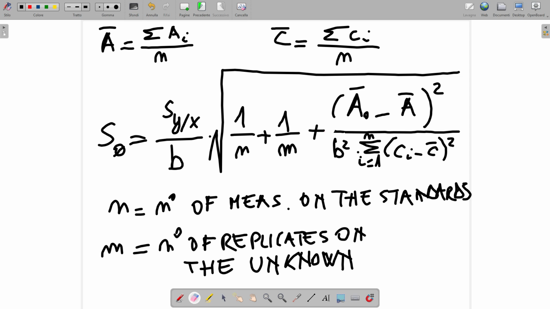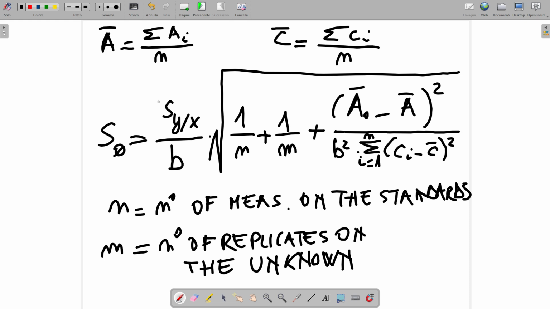Now let us discuss it. Do you agree that our purpose is to have a very low value for S0? We want S0 to be small. We want high precision on S0. So let us consider the influence on S0 of all the parameters.